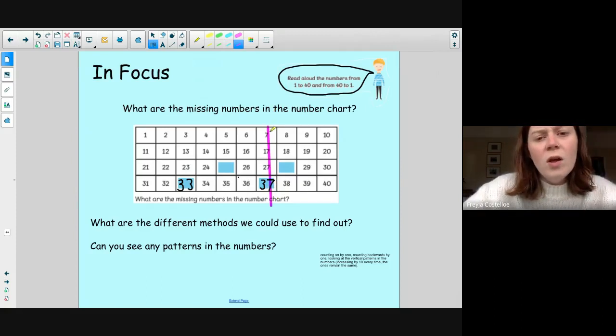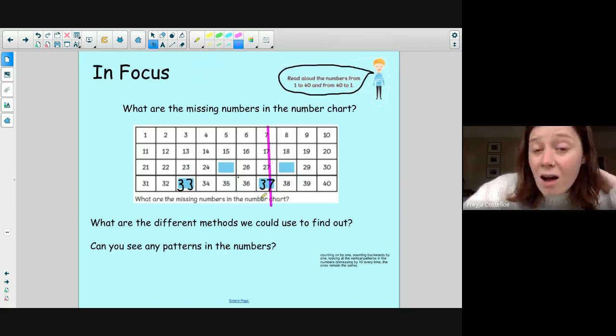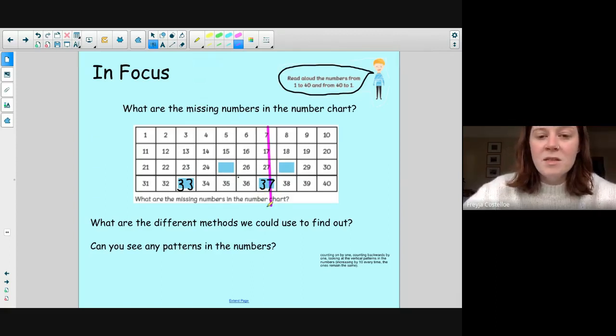So, are our ones changing here as we move further up, as the numbers get bigger? They're not, are they? Are the tens changing? The tens are changing, aren't they? Because they are showing us that the numbers are getting bigger.